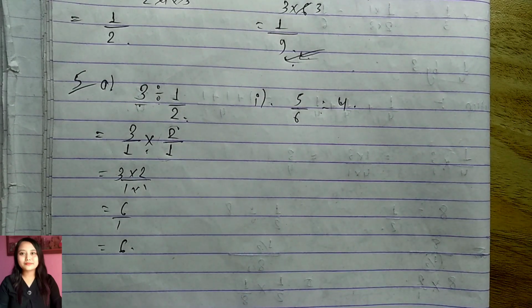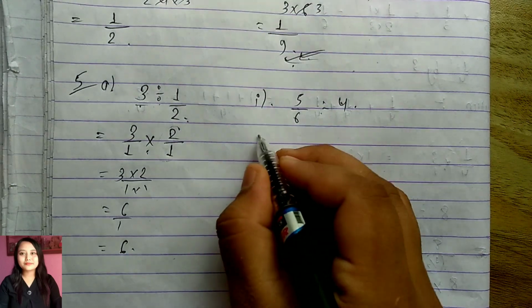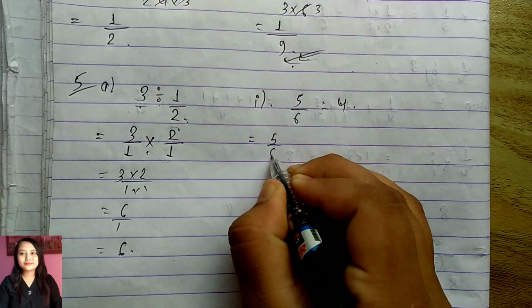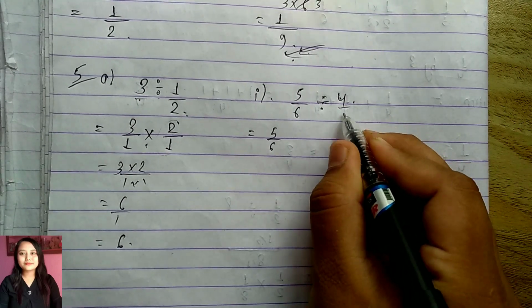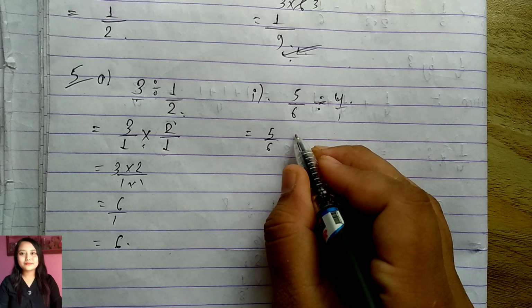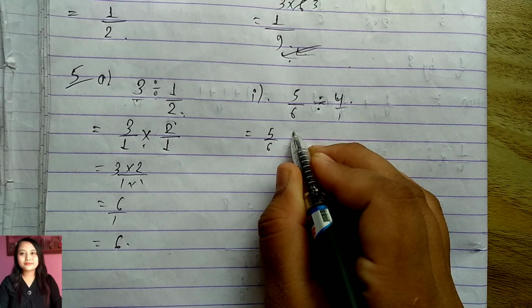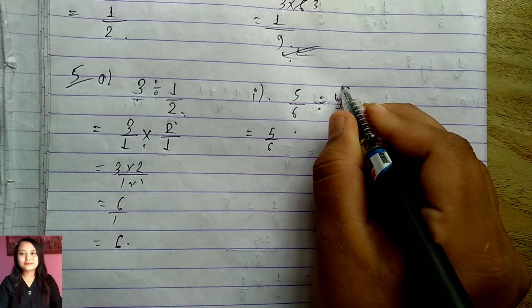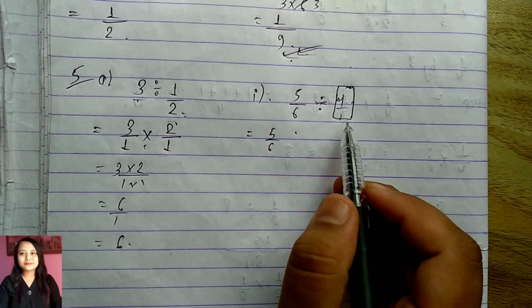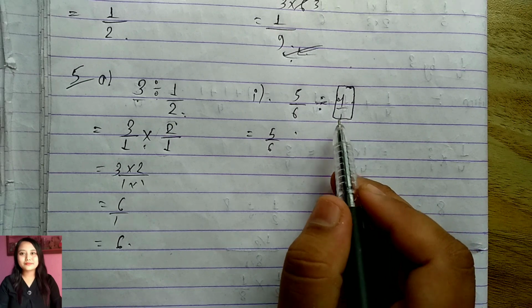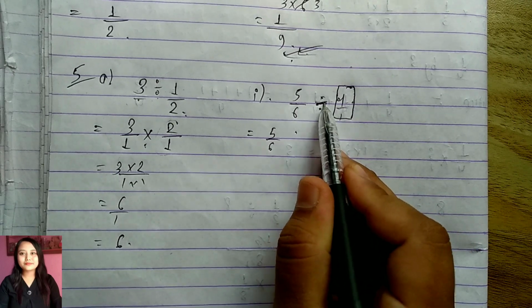Now how to do this? Since 5 by 6 is there and here is the division, and if there is no denominator, then we can write 1. So we do the multiplicative inverse. We have to always look at the backward side of the division sign.